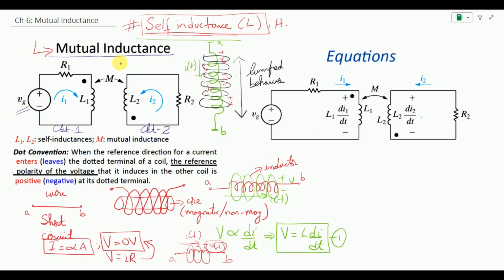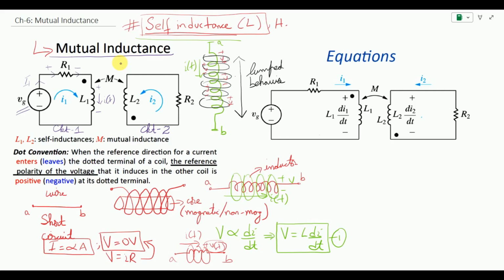So if we talk about circuit 1, we know that this current I1, which originates from the source, is going to flow through the resistor and enter this inductor, which we have represented by L1. When the current I1 flows through this inductor, a magnetic field is produced, and in the same way an induced EMF is also introduced inside it.